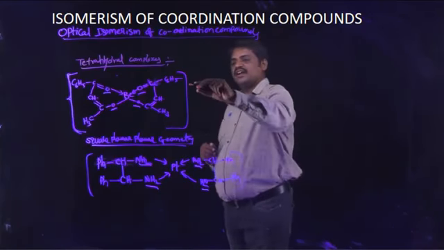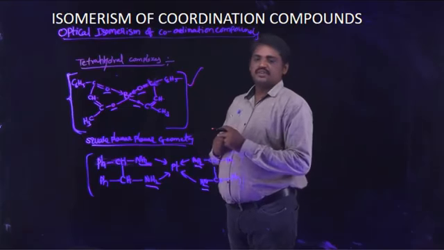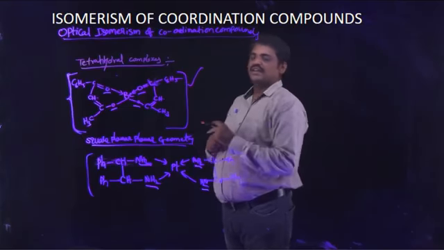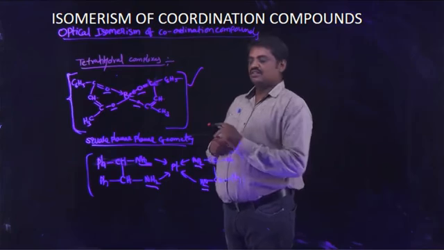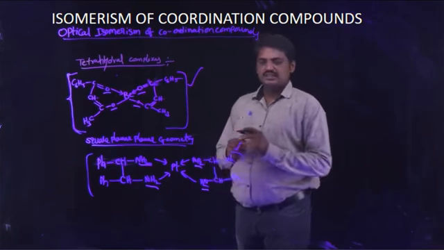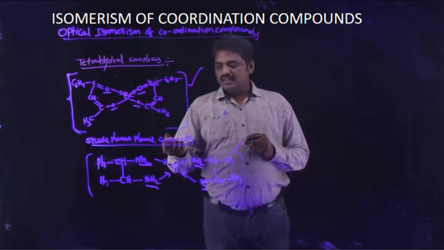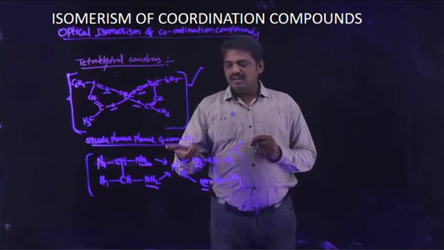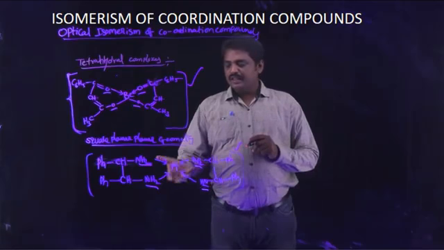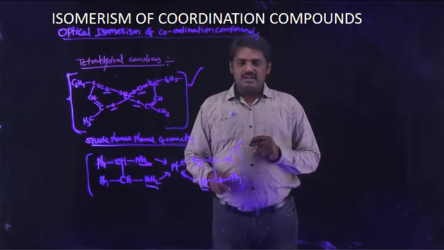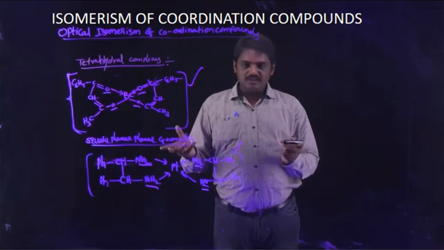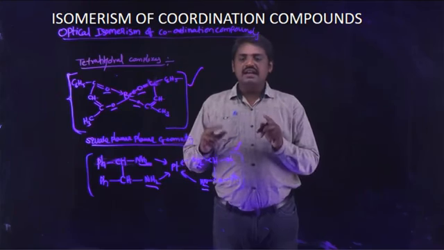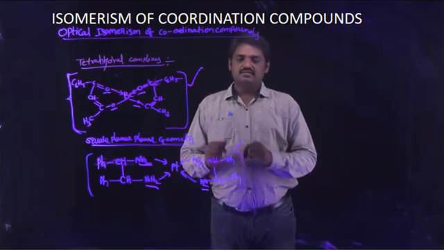This is a tetrahedral complex, and this also exhibits a tetrahedral shape. This complex is a square planar complex. Why? It exhibits some planarity; these ligands are aligned on the plane.